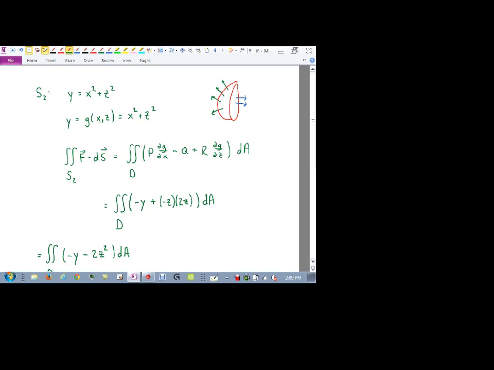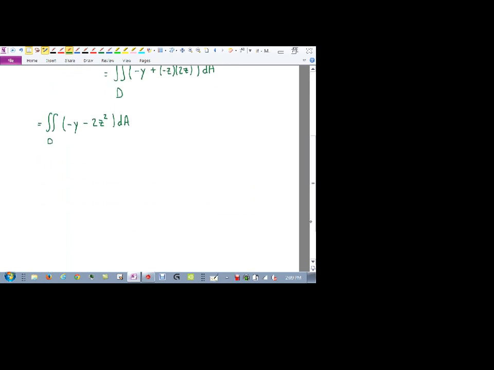We had a problem just before this where z was equal to 4 minus x squared minus y squared, and we replaced all our z's. Here, y is the one that is a function of x and z. So we need to replace all our y's with x squared plus z squared. So doesn't this turn into negative x squared minus z squared, and I said minus 2z squared, dA.